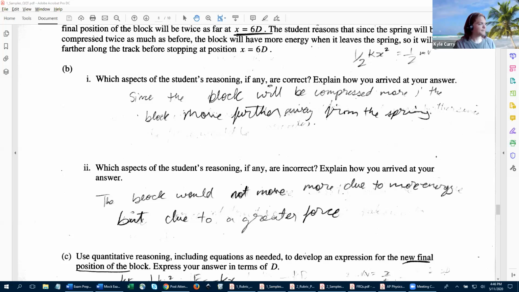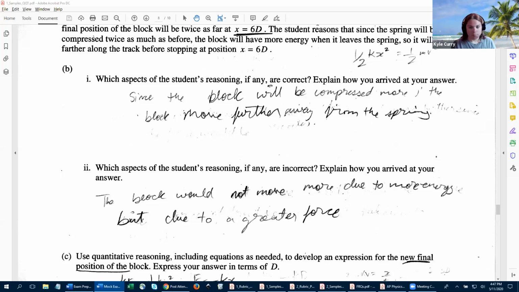Well, I would give that 0 points because we had to somehow indicate that there is more energy in the spring as a result of that extra compression. Saying that the block moved further away from the spring doesn't tell us anything explicitly about the energy stored in the spring or the energy of the block as it leaves the spring.